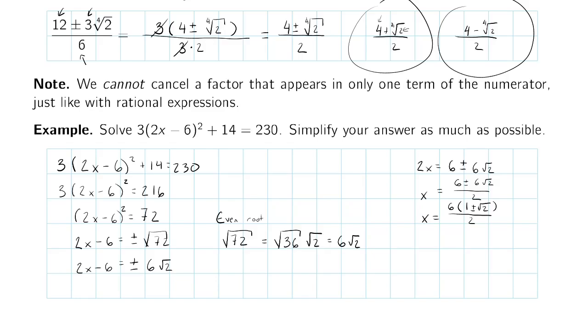And now we can notice that 2 goes into 6. We'll have x equals 3 times (1 plus or minus root 2). No fractions anymore, that's great. x equals 3 plus or minus 3 root 2. Either of these forms is okay. I would tend to use this one. The version without parentheses is probably better, depending on where we're going next.